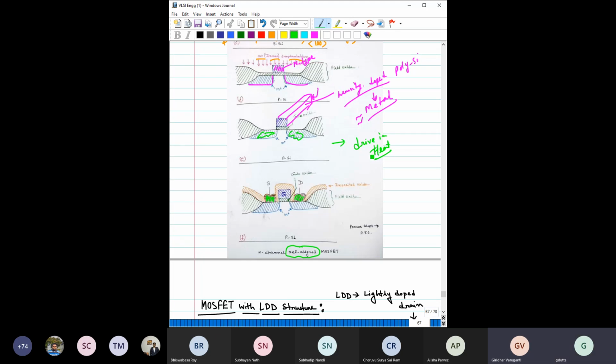This is called the drive-in process, and you have to raise the temperature for this drive-in process to a very high temperature, and typically these metals are not suitable for that high temperature process. As a result, there was no other way but for the fabrication people to switch from metal to polysilicon gate. So that was the reason for the shift from metal to the polysilicon gate.